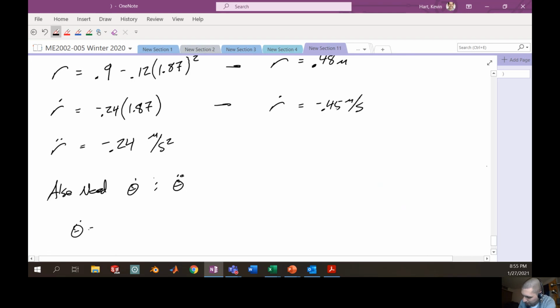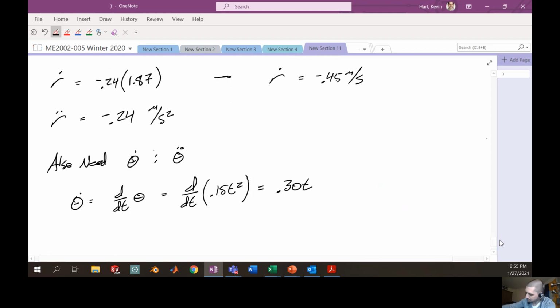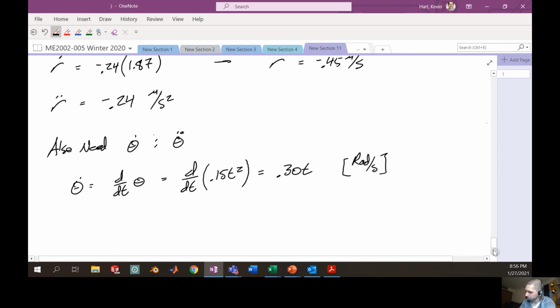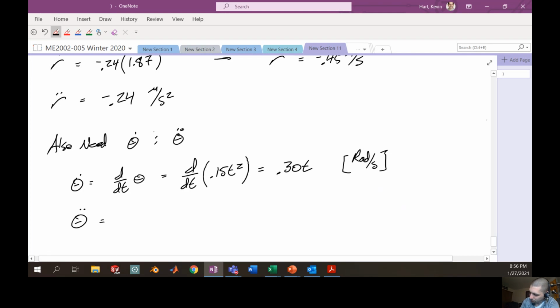So theta dot is, remember, the time derivative of theta, which here is the time derivative of our expression for theta as a function of time, which is 0.15 t squared. So this is 0.30 t. And here, with taking the derivative, this will be radians per second. As a function of time, my angular acceleration is 0.30 radians per second squared.